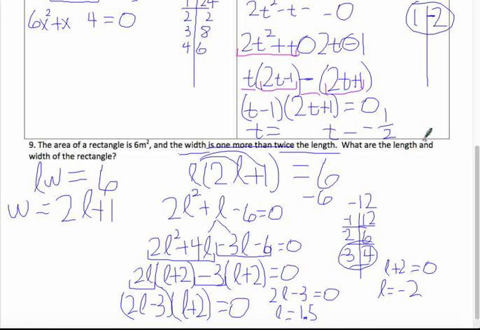But remember, we're solving for the length and width of a rectangle. So this answer doesn't make sense in this context. Can't have negative length.